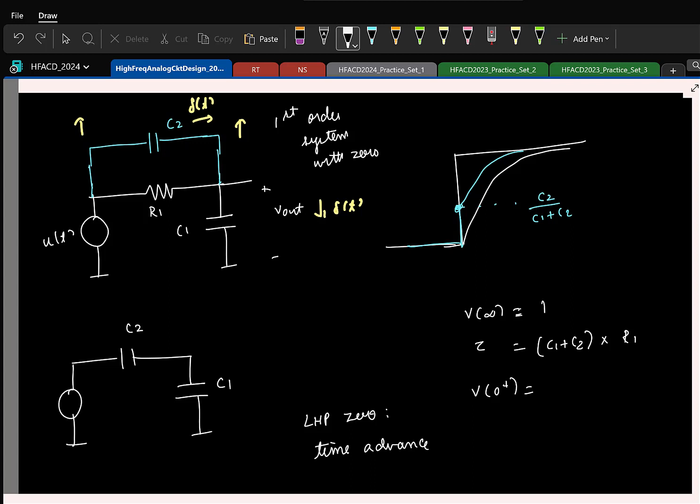The pole is adding a time delay. If you have a 0, by making sure the output jumps up or down in the correct direction, it introduces an advance. So overall delay in the loop will reduce, and that's how the system becomes stable.